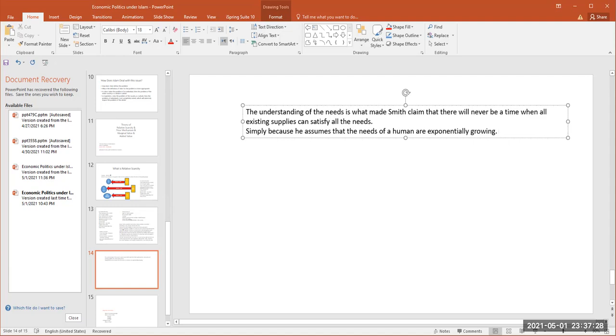Let's say per year the needs are increased, not because you have more people, but the needs themselves get multiplied.